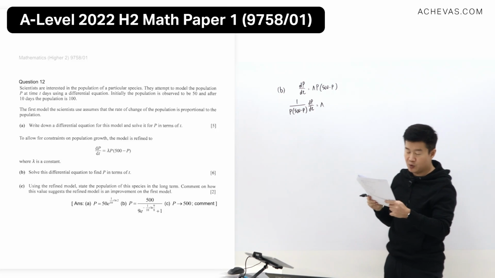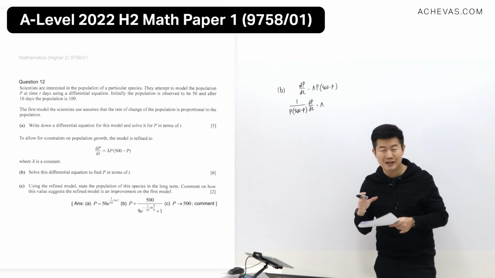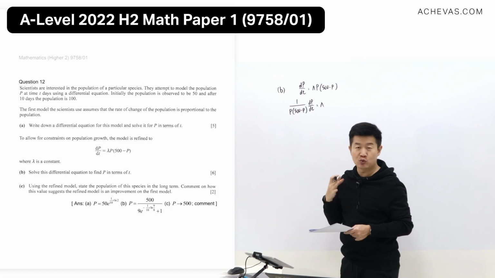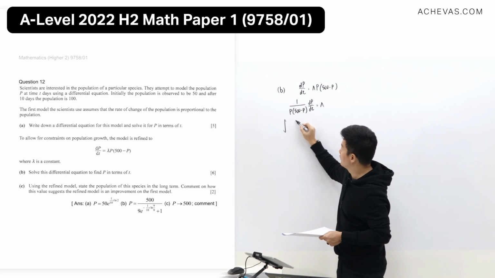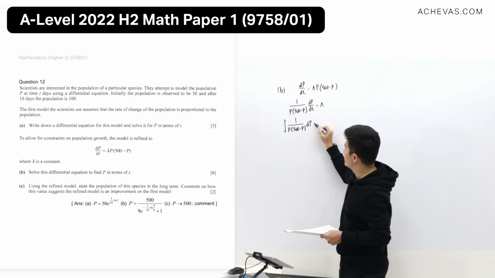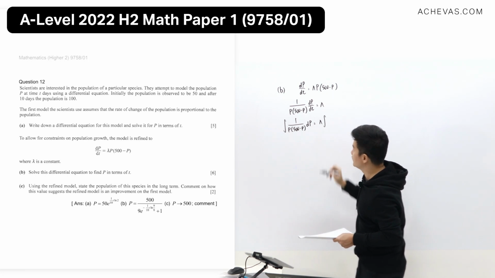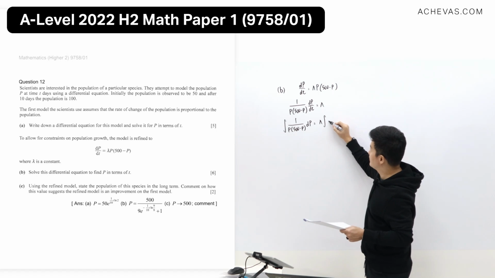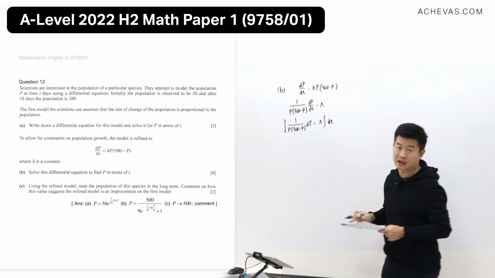I'm going to integrate both the left and right hand side with respect to t. And on the left hand side, I'm going to be left with the integral of 1 over p(500 minus p) dp. And lambda is a constant, so I'm going to take it out of the integration notation.